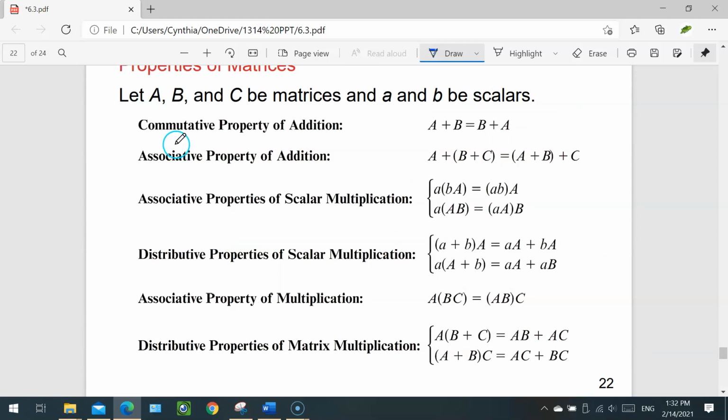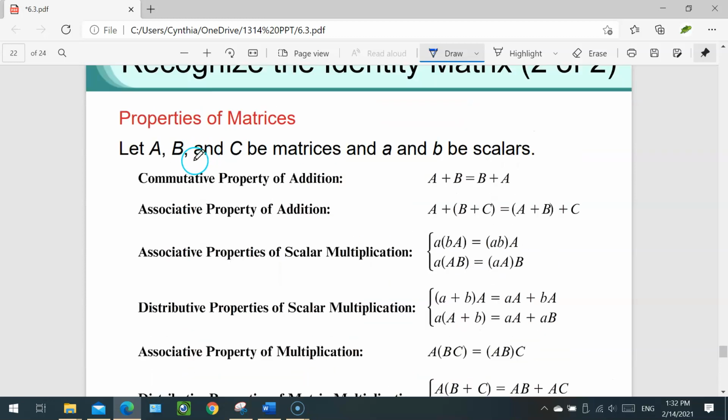This slide just gives you the properties of matrices, the properties you will see when you work on matrices. It has the commutative property. That means matrix A plus matrix B is equal to B plus A. You can swap the order when they add.